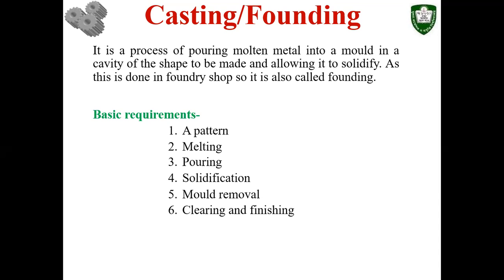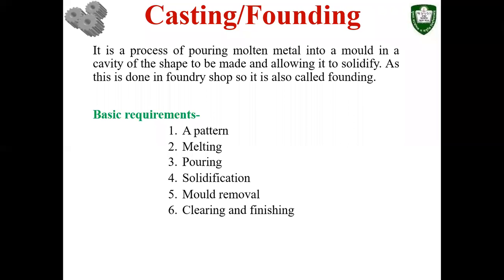Another important thing you need to know is that the name casting, the whole process of manufacturing something by pouring molten metal into a mold or cavity, is called casting. And the product that you have made after casting is sometimes also called casting. So don't be confused with that.